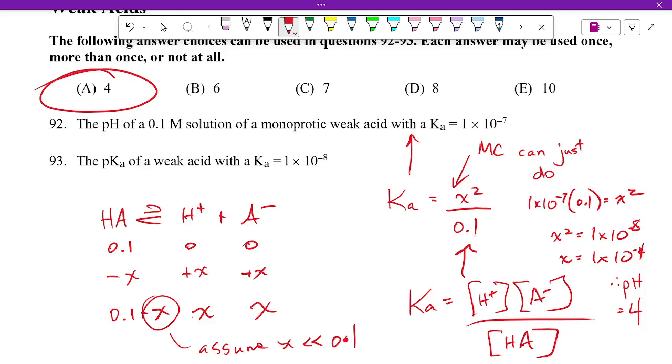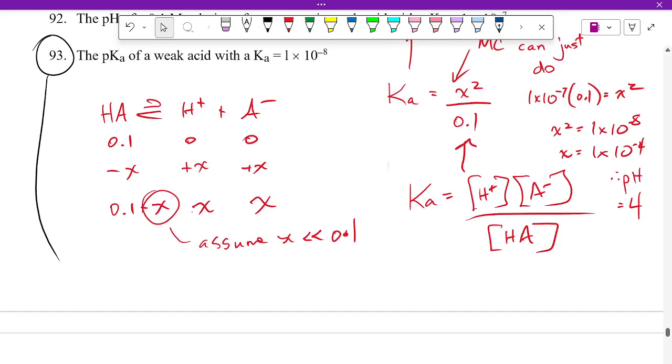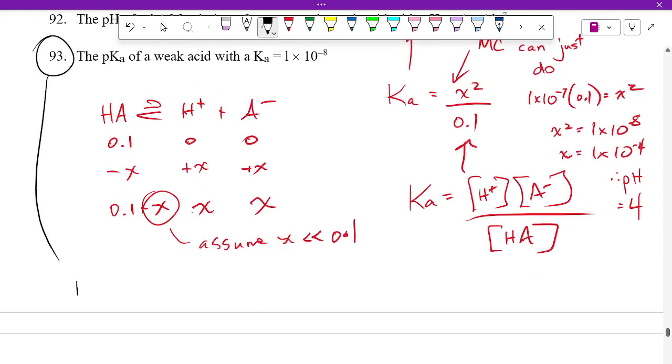The pKa of a weak acid, number 93. Anytime we want to find a pKa, pKa is equal to the negative log of Ka.